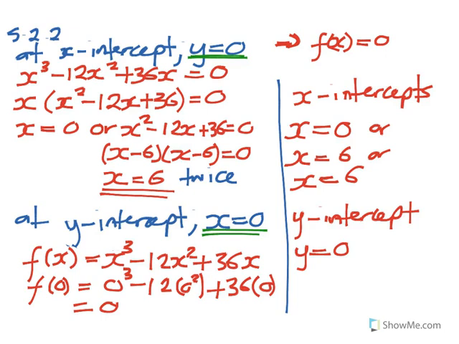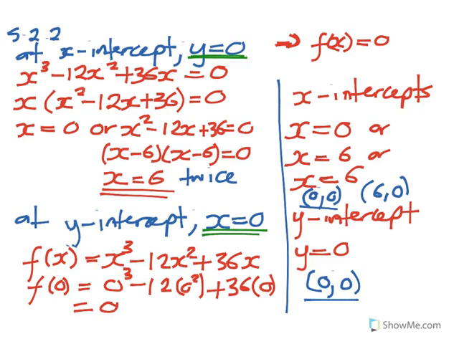Now, what I want you to remember also, when they say x is equal to 0, these are points like 0, 0, and these are points like 6, 0 in coordinate form, and for y it's also 0, 0. You can see that 0, 0 is repeating on the intercept.